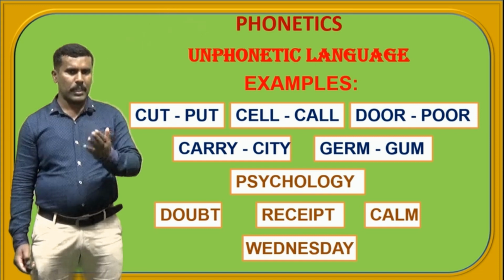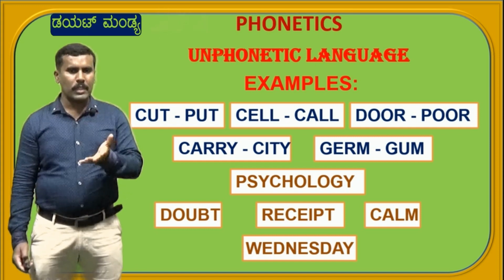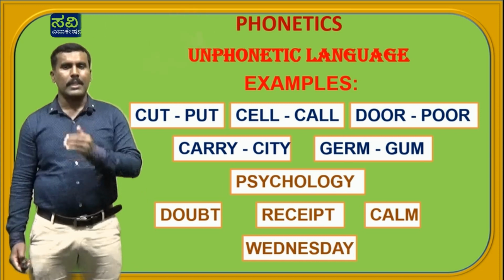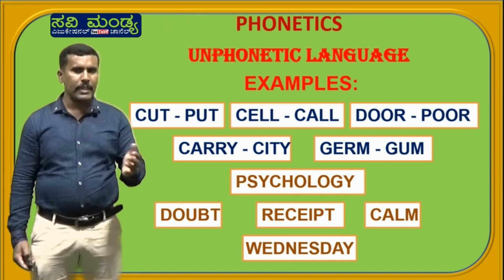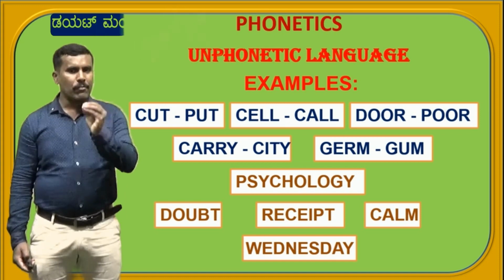Instead of saying psychology, he says psychology. Instead of saying doubt, he says doubt. Instead of receipt, he says receipt. Instead of calm, he says calm. Instead of Wednesday, he says Wednesday, because he has no knowledge of unphonetic language.